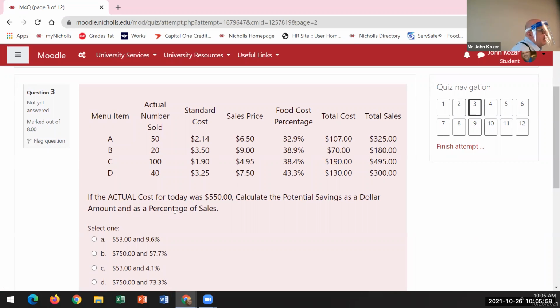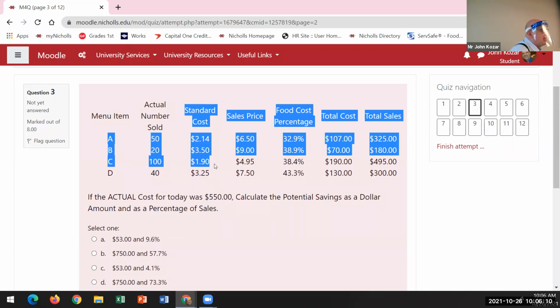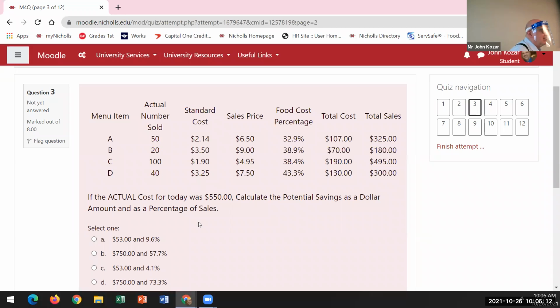Okay, if the actual cost for today was $550, calculate potential savings as a dollar amount and as a percentage of sales. So this is our standard cost proportion. Then this is the total standard cost. These are our sales.